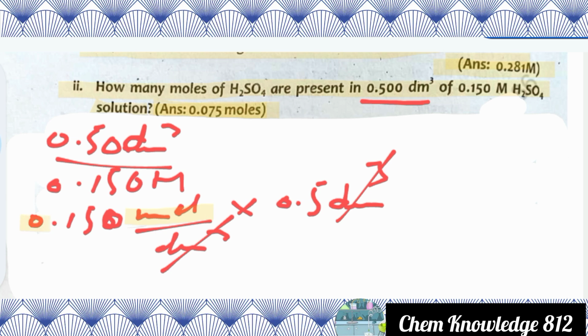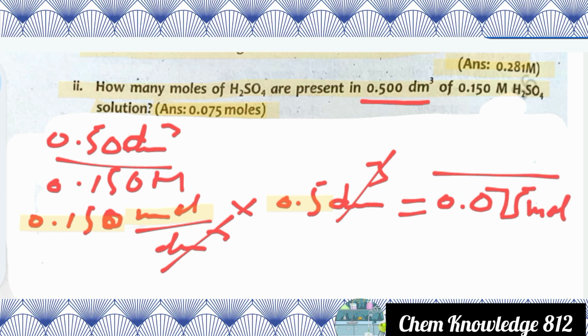So by multiplying 0.150 with the 0.5, we will get 0.075 mole. So this is the answer, which is equal to this one. So this is the determination of moles we have got.